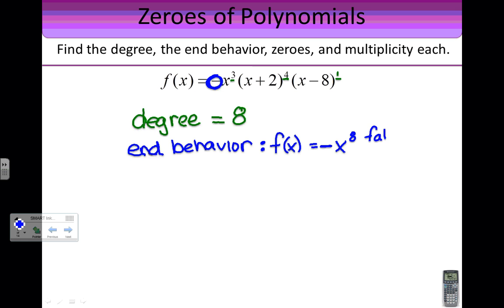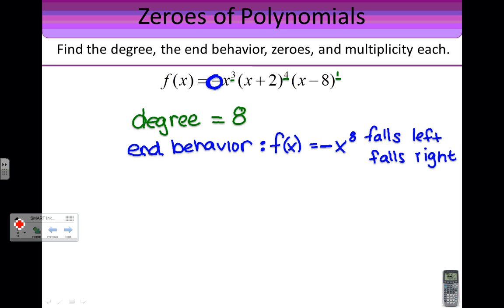So it's going to fall to the left, and it's going to fall to the right. So it's even degree, so the end behavior has to be the same on both sides. But since it gets reflected over the x-axis, it's going to be going down on both sides.